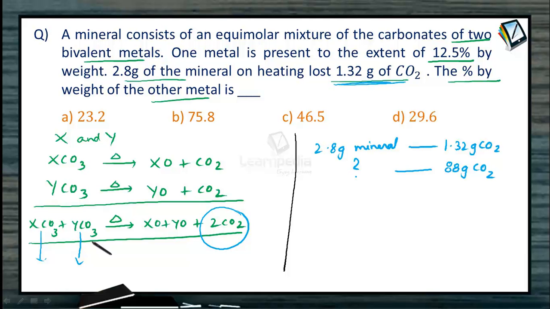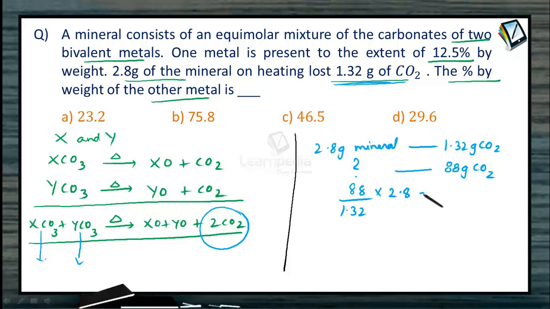That will become the mass of the mineral required in order to give 88 grams of carbon dioxide. So that entire mass of the mineral is nothing but the molecular mass of the mixture, isn't it? So this is nothing but 88 upon 1.32 multiplied by 2.8.